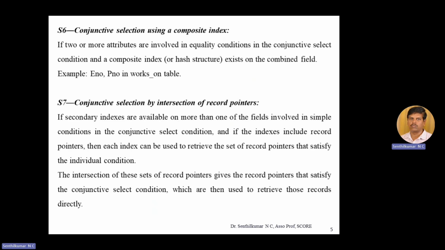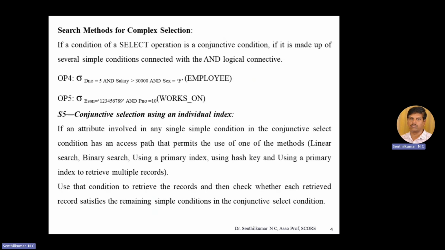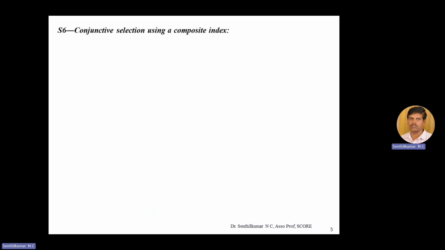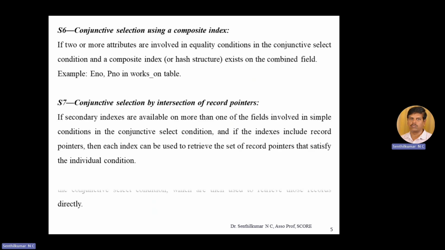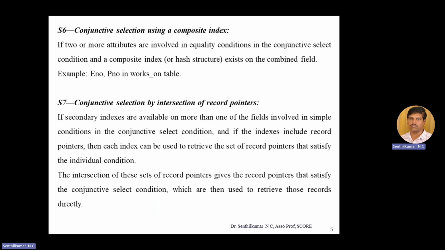So the first one is conjunctive selection using an individual index, the second one is conjunctive selection using the composite index, and the third one is conjunctive selection by the intersection of record pointers. So all of this is implemented using the index concept only. These are the various algorithms for the select operation.